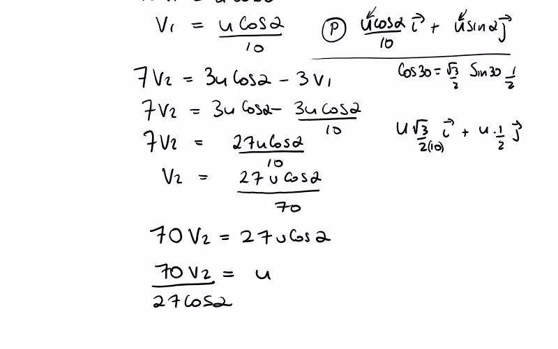These are both positive. So I'm looking at the point of deflection, and we're going in a positive I, positive J direction. Let's call this angle A. My I direction is root 3 over 20.